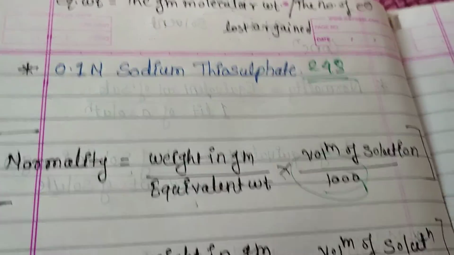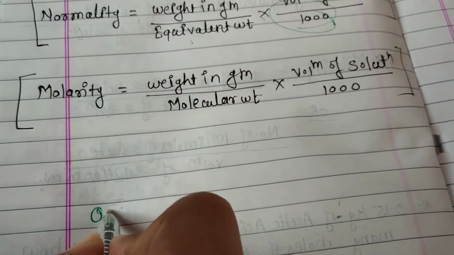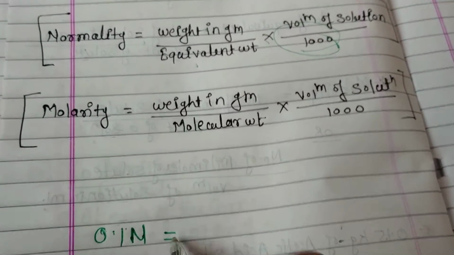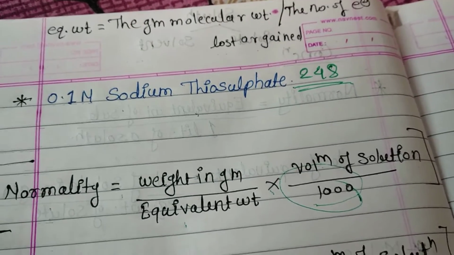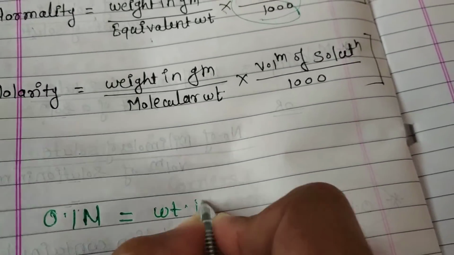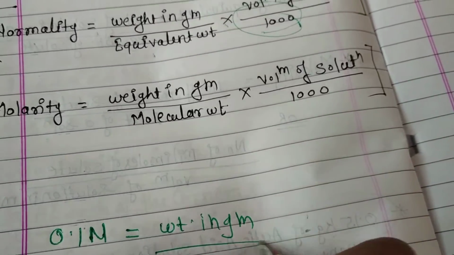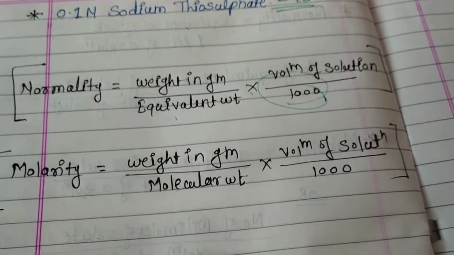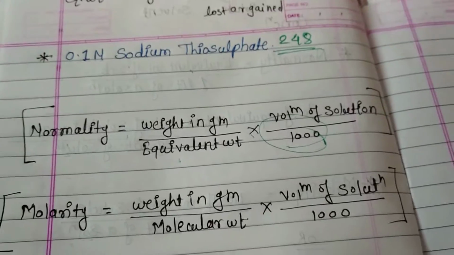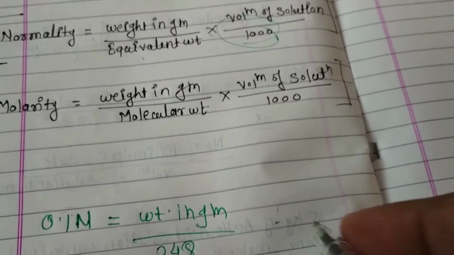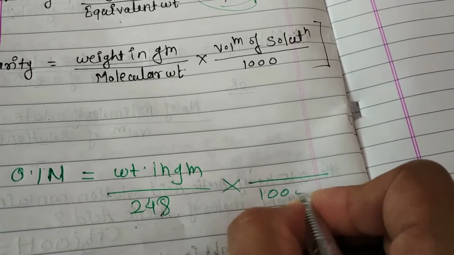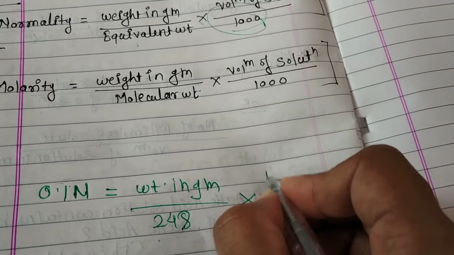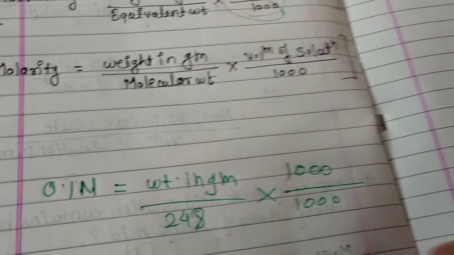So here we have to prepare 0.1 normal sodium thiosulfate solution. Then the weight in grams is what we have to calculate. The equivalent weight of sodium thiosulfate is 248, the standard volume is 1000, and we have to prepare 1000 ml solution.